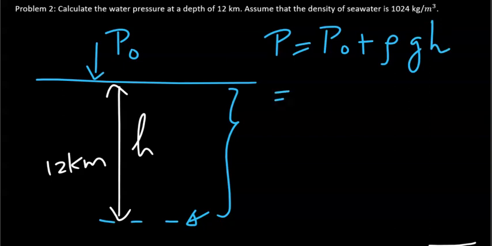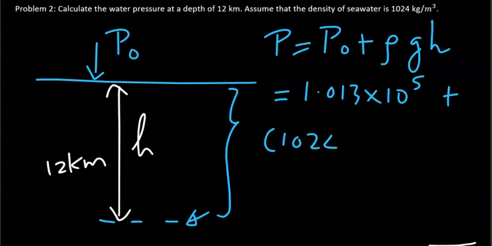Let's do the calculation in SI unit. So the atmospheric pressure is 1.013 times 10 to the power 5 Pascal, plus the density of seawater is 1024, that's given. G is 9.81. H is 12 kilometers, so that is 12,000 meters.